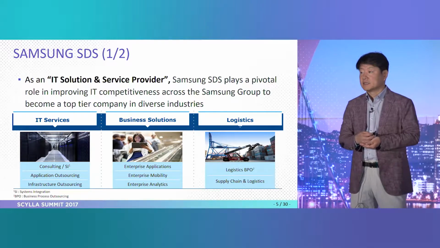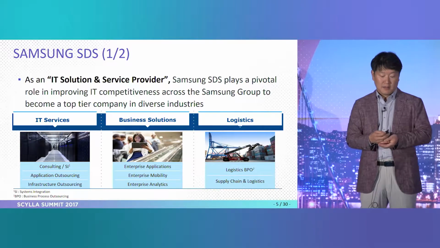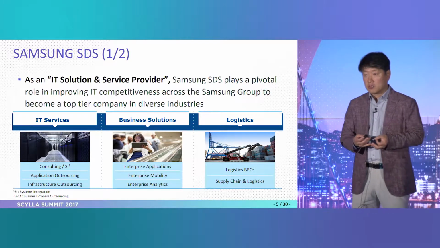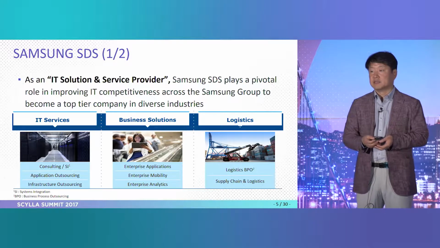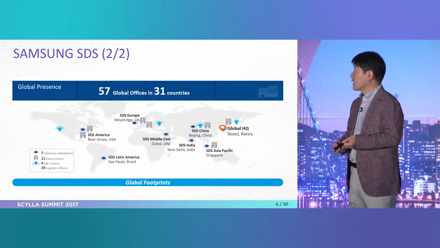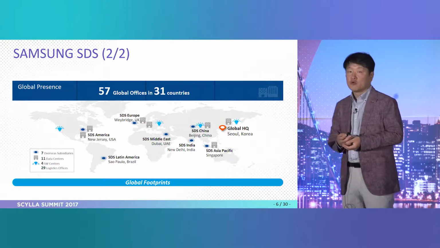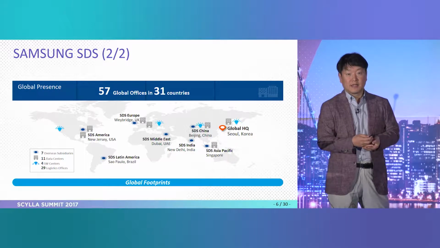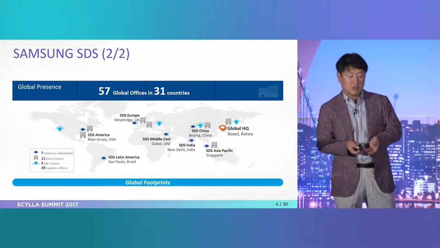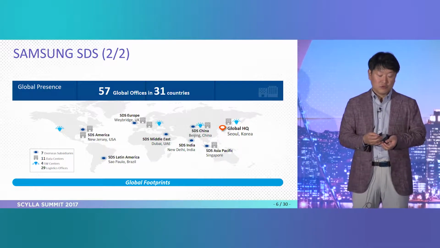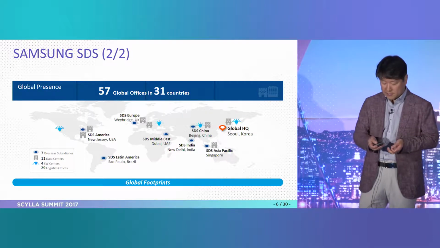The first is IT service, the next is business solution, and the last is logistics. And we are a global company. We have about 60 global offices in 30 countries around the world, and also offices in New Jersey and San Jose in the US.